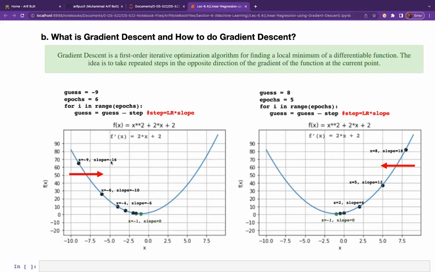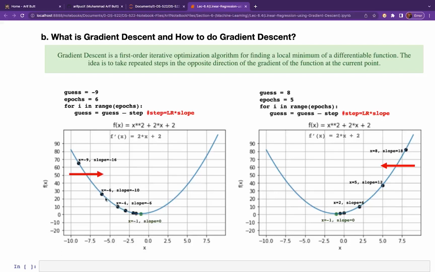And since the slope is negative, so we move right, that is, we move in this direction. We move right by just increasing our previous guess. The previous guess was minus 9, so we increase it, let's suppose by plus 3, and our next guess of the minima is now minus 6.